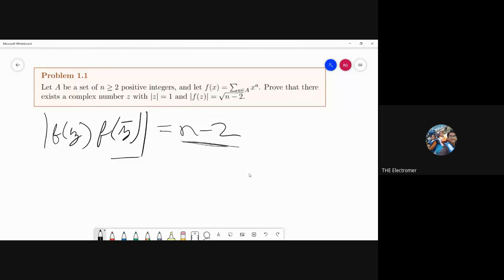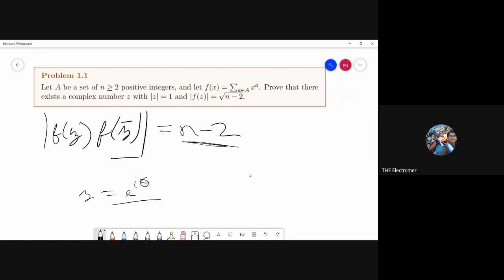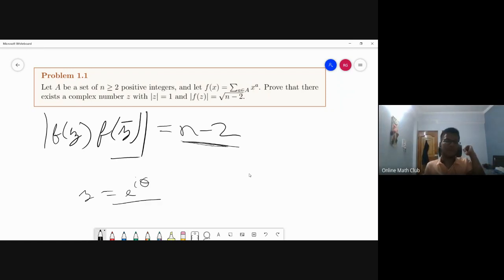So we get n. And if I can tell that the minimum of f of z for either way theta is less than root n by 2, then we're done, because it's continuous in theta. Yeah. Are you just saying that we should plug in z equal e to the i theta? Yes. Yeah, we'll do that, of course. I'm just saying this is a better way to look at it.